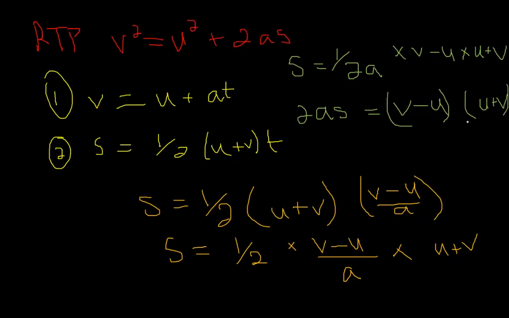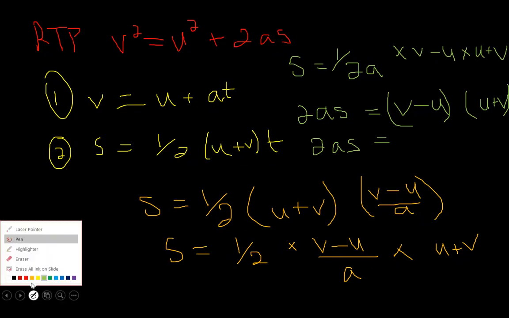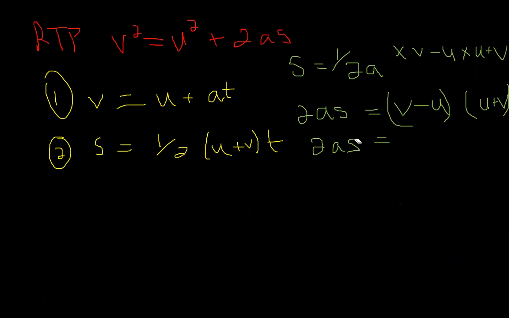So the brackets mean that I'm multiplying both of them, right? 2as. You should actually notice that this is a difference of two squares. Hold on. Again, for the people who might not pick up on it immediately, that's why I'm writing it out, right? For you.